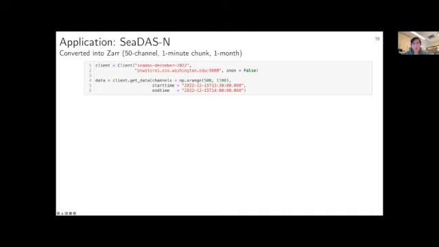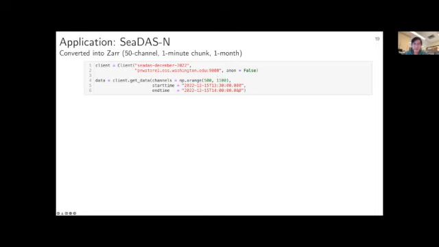So we load one month of DAS data into our local object storage as Zarr. We use 50-channel, 1-minute data chunks, and we have this Python client to request data from our object storage server running at this URL and port 9000.